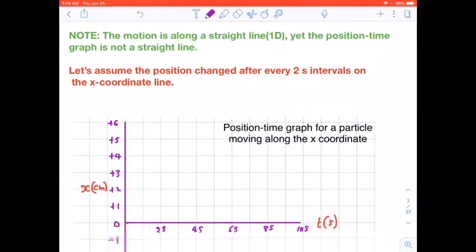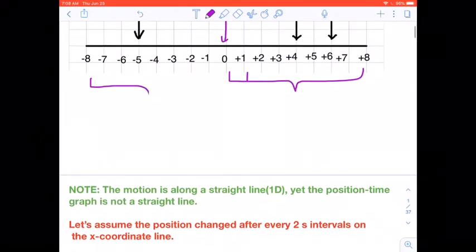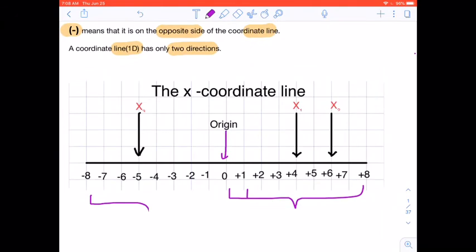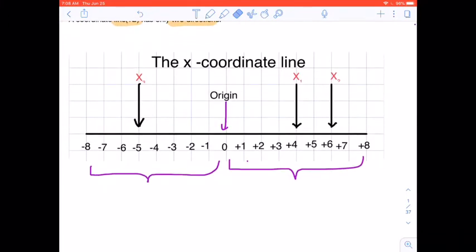So this side is the positive side, and that side is a negative side.